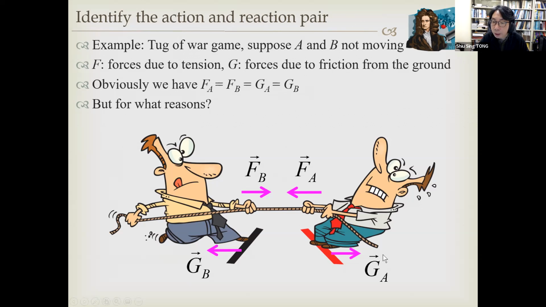The frictional forces are called GA on body A and GB on body B. Now we know that all the forces are equal. In terms of magnitude, FA, FB, GA, GB are all equal. But they are equal for different reasons.